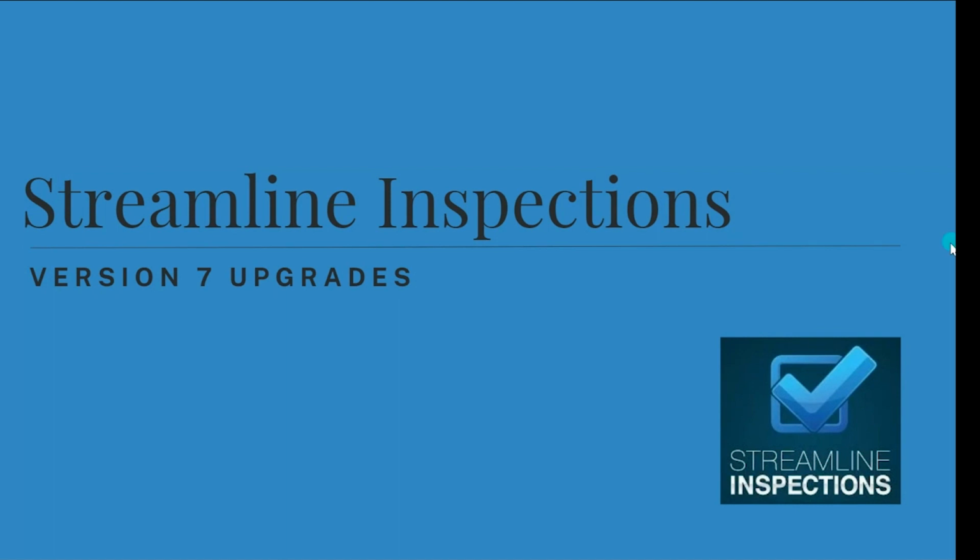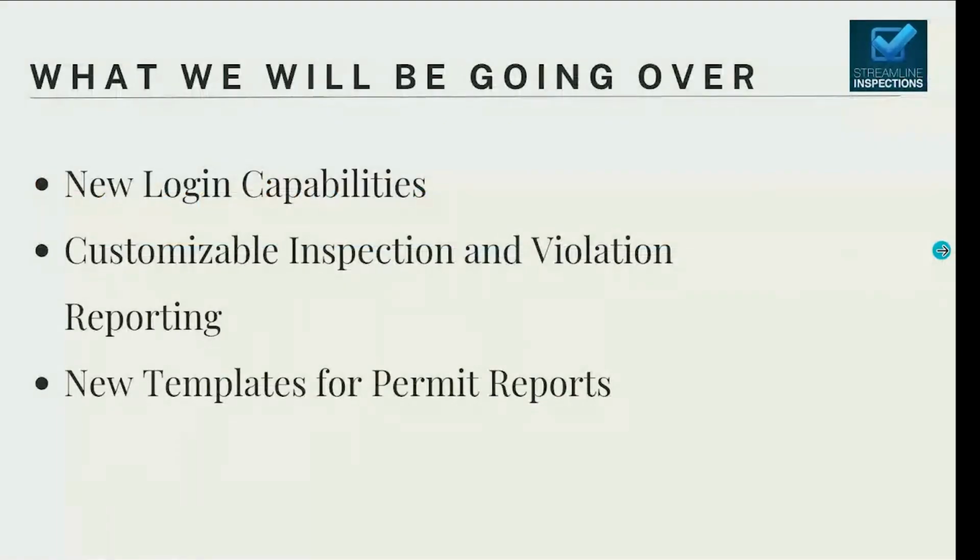We will have a little bit of time for questions after each item. Here are the few quick things we're going to be going over. One, with the version 7 upgrade, we have new login capabilities. We also have more customizable inspection and violation reporting. And there are new options for templates for permit reports.